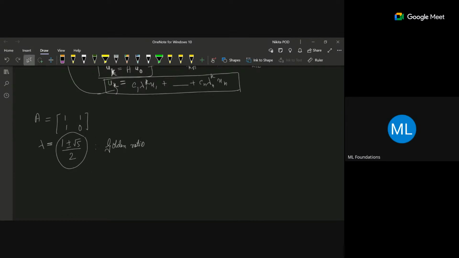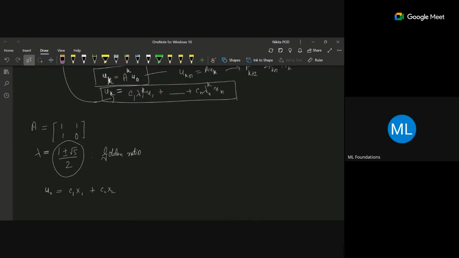I have found the eigenvalues for this matrix A. Okay, so my u0 was c1 x1 plus c2 x2, which is equal to 1 comma 0, because it is f1 comma f0.